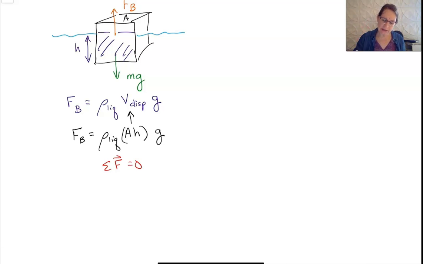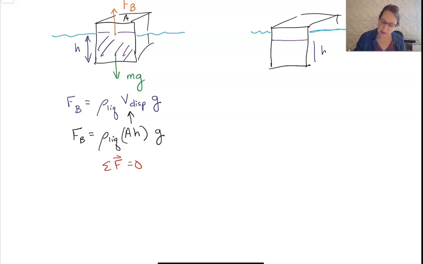But if we push it down a little bit, so we take our same situation with the block lower in the water, some distance lower. Here's the equilibrium line, so that's h.